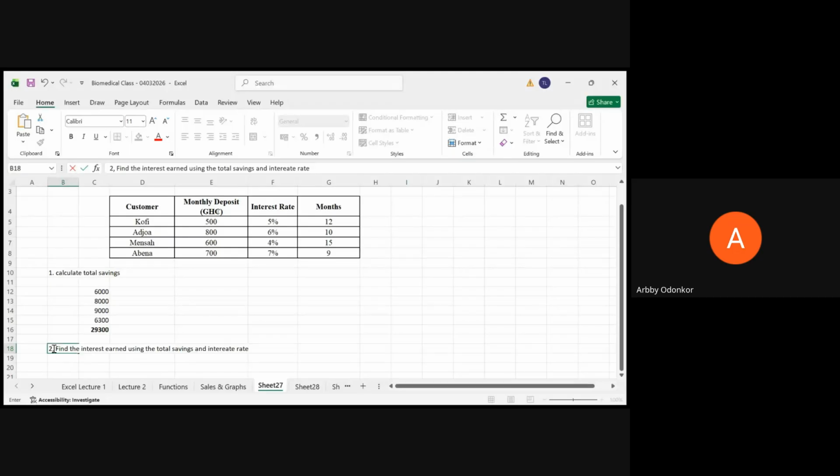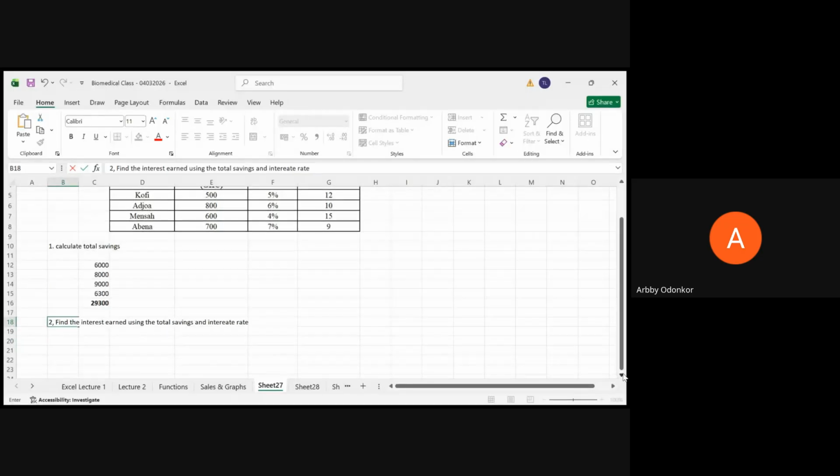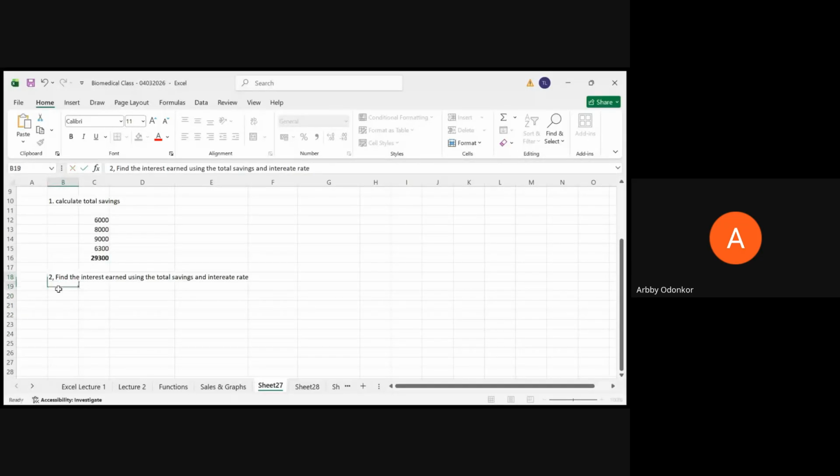All right. So the first thing that comes to mind when you are given a question like this is, what is the formula for finding interest? Remember, there's a difference between interest and interest rates. Okay. So how do we calculate the interest?